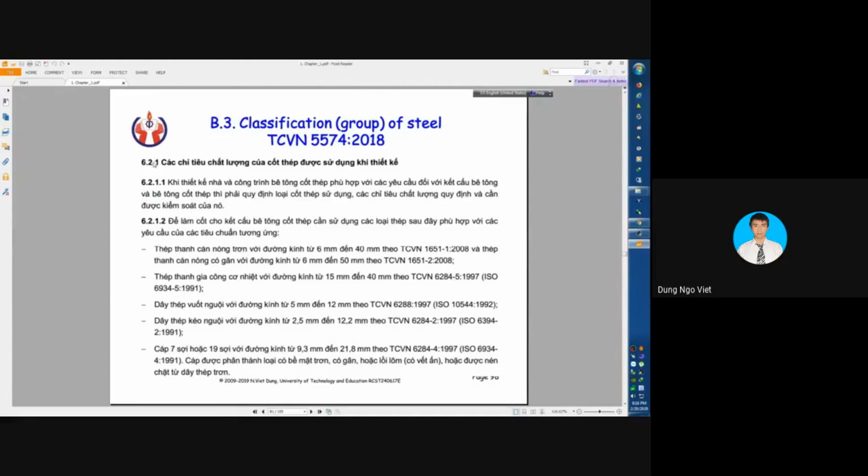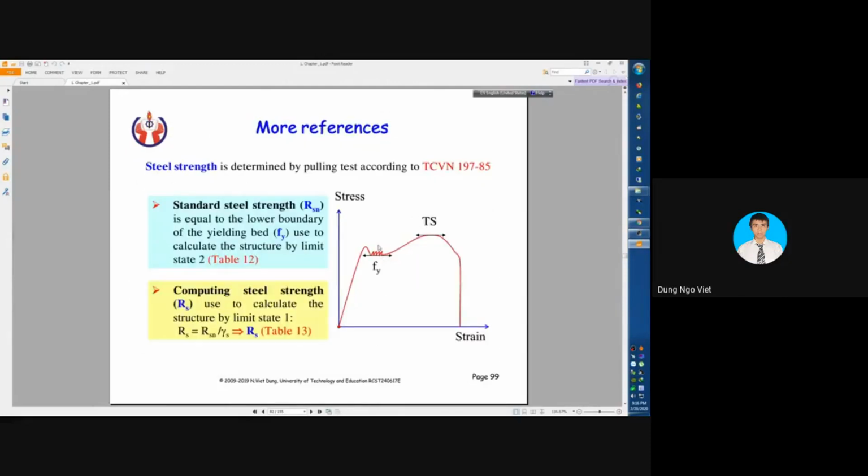And this is the new standard of Vietnam. So you can see for reference the definition or the classification of steel in the new standards. And for more reference, the steel strength is determined by pulling test according to TCVN. Here we have the standard steel strength and computing steel strength. You can see for reference later.